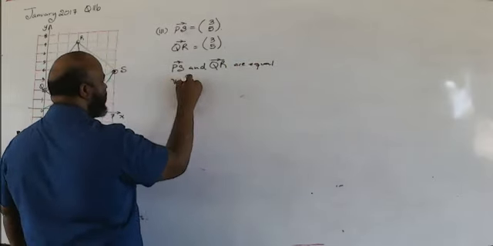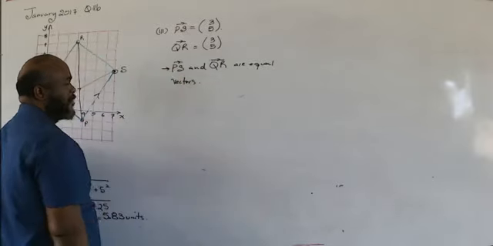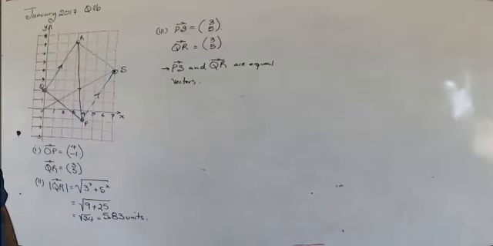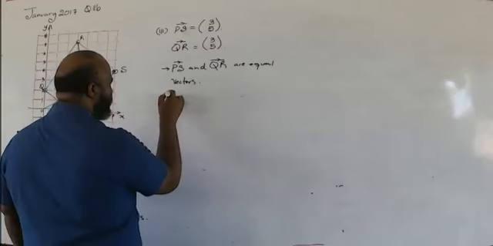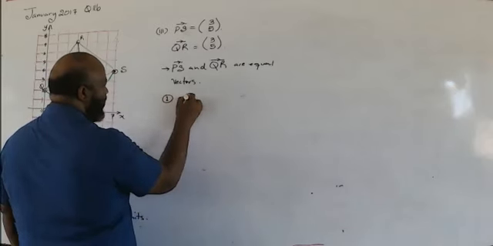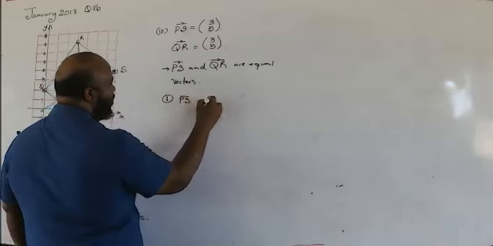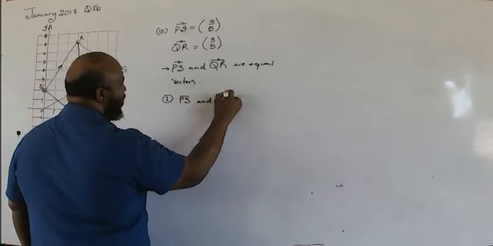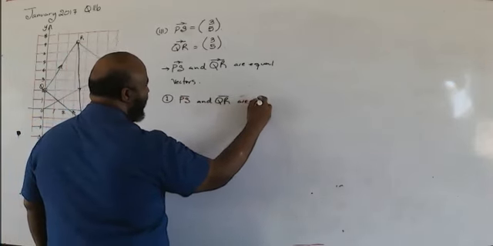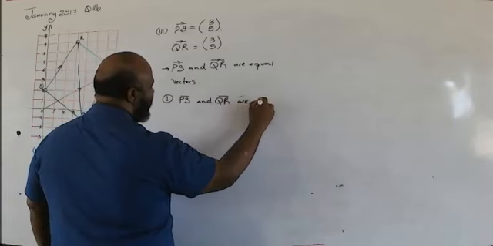They are equal vectors. If they are equal vectors, it means that the lines PS and QR are parallel.